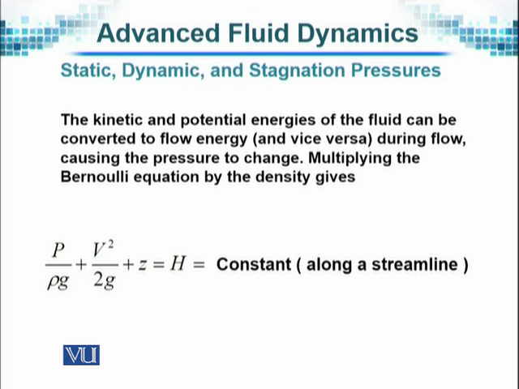Multiplying the Bernoulli's equation by the density will give us... The Bernoulli's equation, in the normal form that we write, we denote it by P over rho g plus V square by 2g plus Z equal to constant, and that constant here is denoted as H, and some engineers in hydraulic irrigation call it total head. So this is sometimes known as the term total head, and from there this term H is taken.